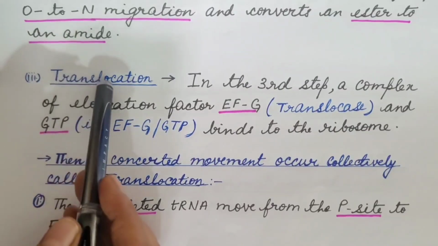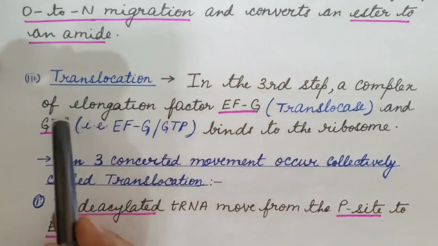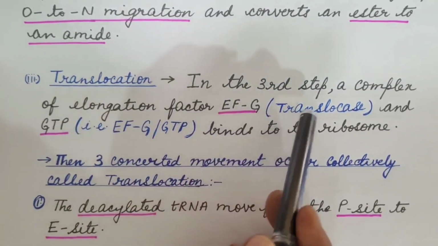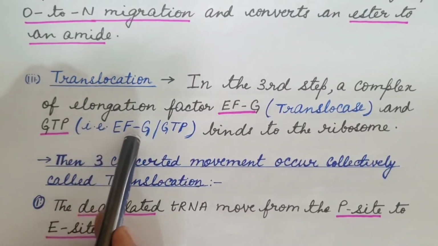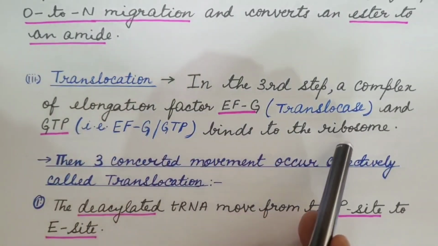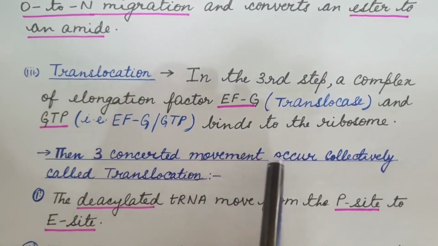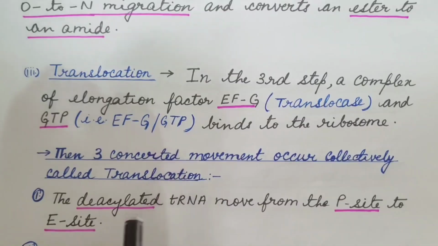Now the third step, that is translocation. In the third step, a complex of elongation factor EF-G, which is also known as translocase, and GTP, that is EF-G GTP, binds to the ribosome. And after binding, three concerted movements occur, collectively called translocation.